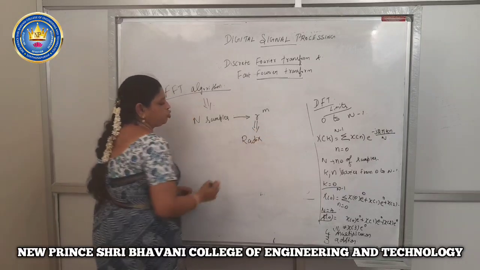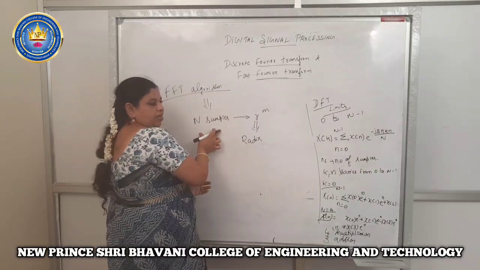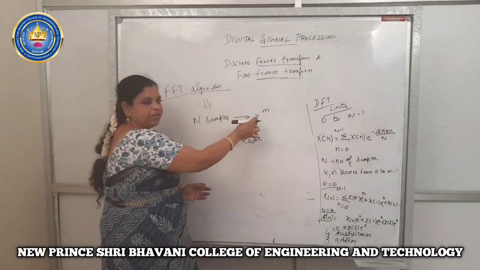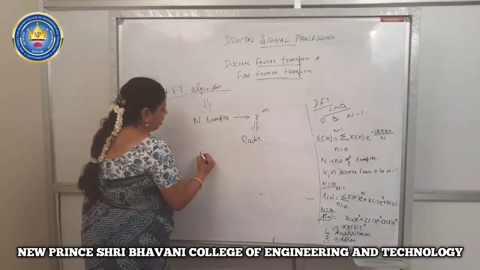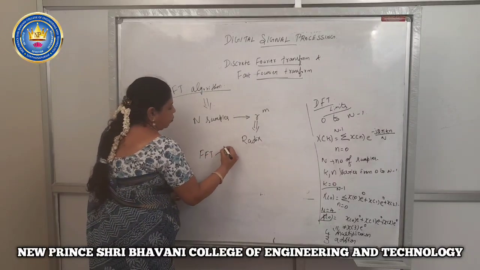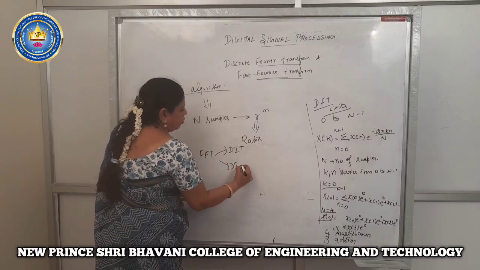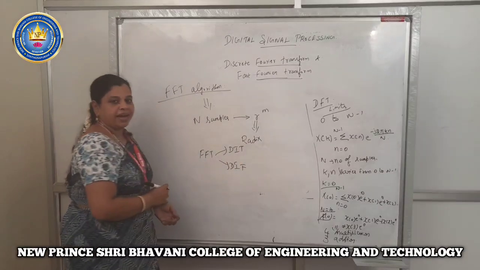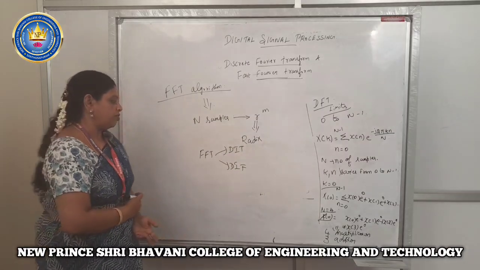This radix can be 2, 4, 8, like that, right? So first, given the N samples, I have to represent it as r power m. And in this FFT algorithm, again we have two types. One is DIT, another one is DIF, where DIT stands for decimation in time domain, and the other is decimation in frequency domain.